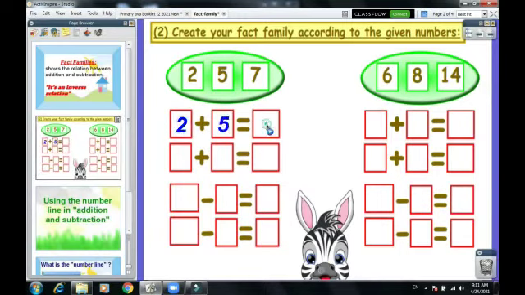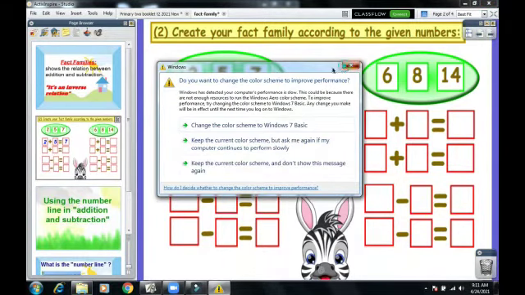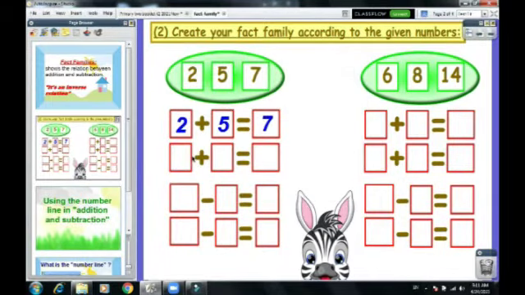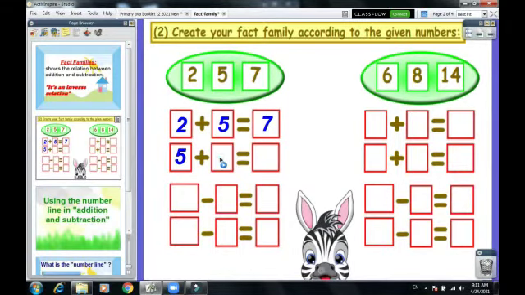So I can say that 2 plus 5 equals 7. And we said that the order is not important at all in addition, so I can switch the 2 addends and say that 5 plus 2 gives me 7 also.